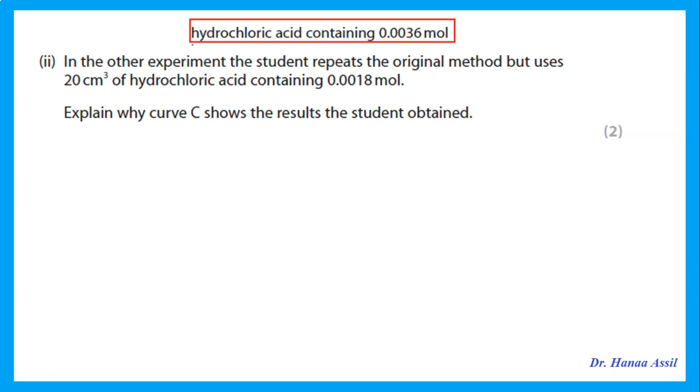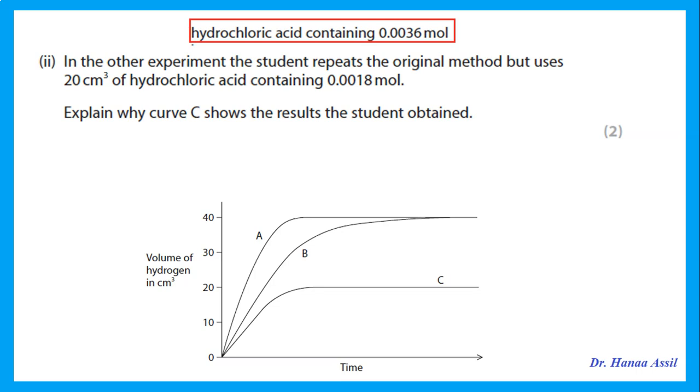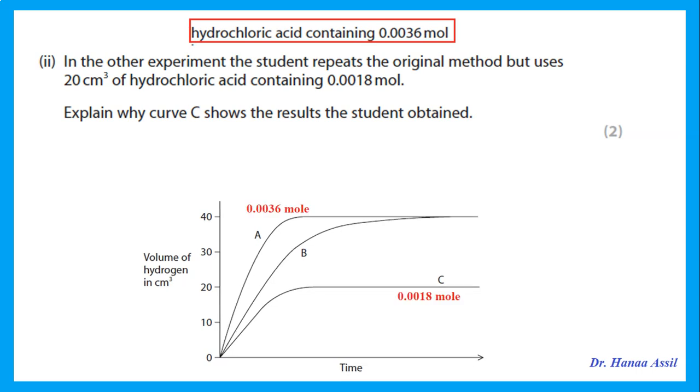Then, in another experiment, the student repeats the original method using 20 centimeter cubed of hydrochloric acid containing a lower number of moles. Can you see? In the original experiment, we used 0.0036 mole. That was the experiment in A. Now, when we use half the number of moles, we should end up with half the volume of gas.